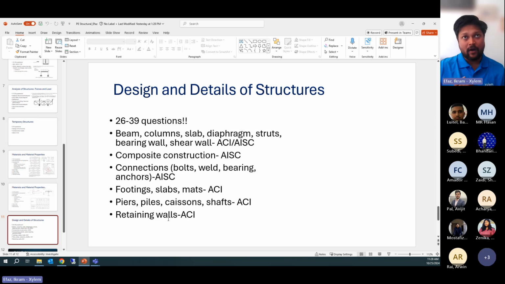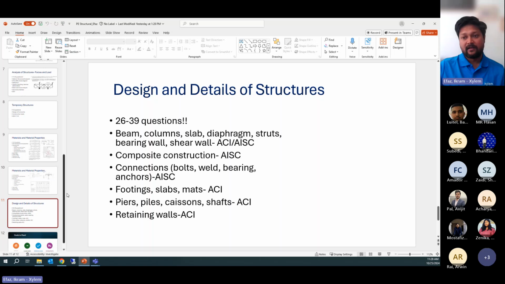So you have to know how to read those tables from ACI and AISC. These are very, very important. And also real life design, when you design something, the engineers always use those design aids. So you have to know ACI and AISC very, very well. That's what I'm telling again and again. But when you start preparing, you will know why I'm telling this again and again.